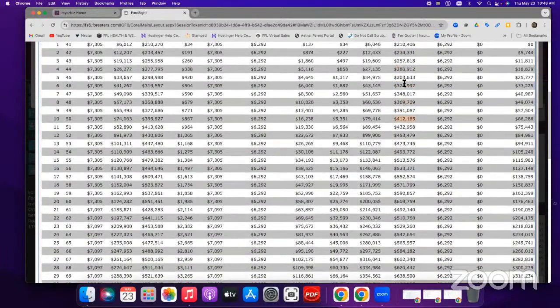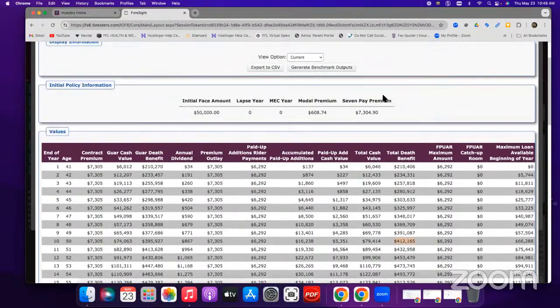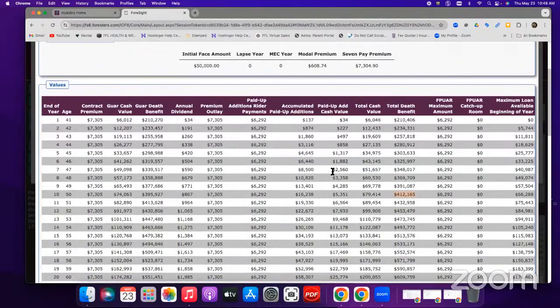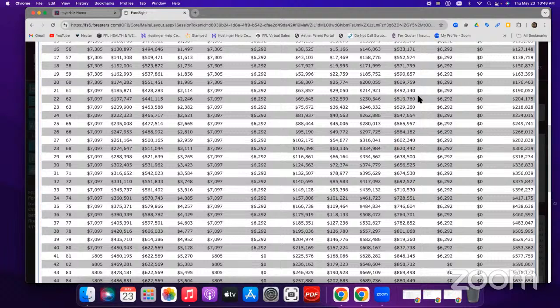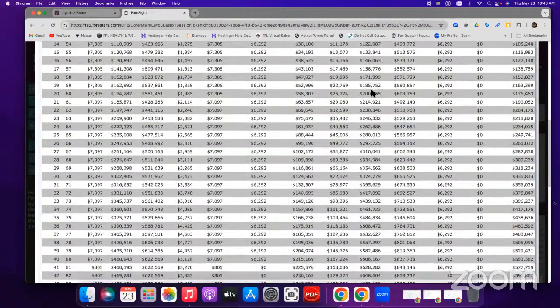And so it's the same premium, and what's crazy is it's a $50,000 base, but if you look at year 21, by the time that term rider falls off, you still have $500,000 in death benefit. So it gets up to 609 and then it falls off. So you go to 492, but then the very next year, you're right back up over 500 and you're only 62. And this is permanent.